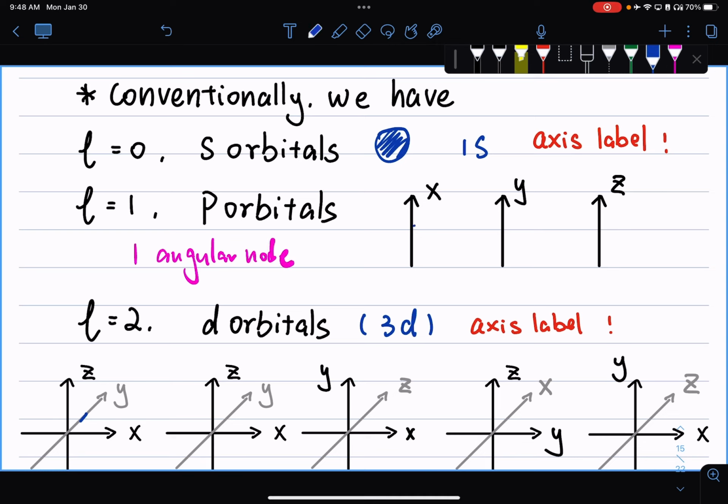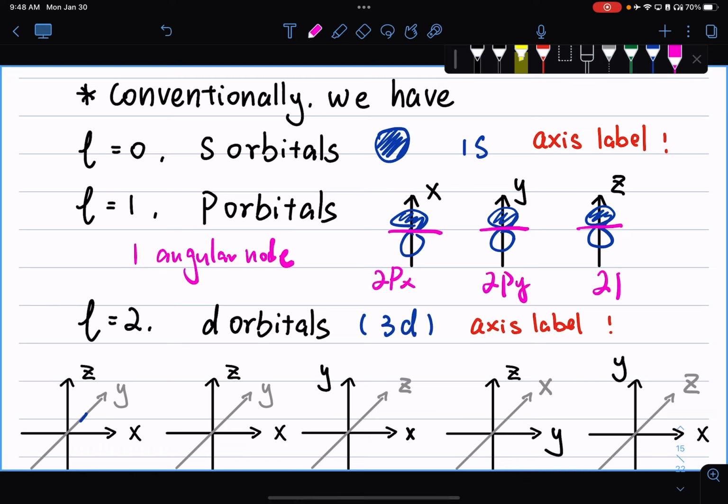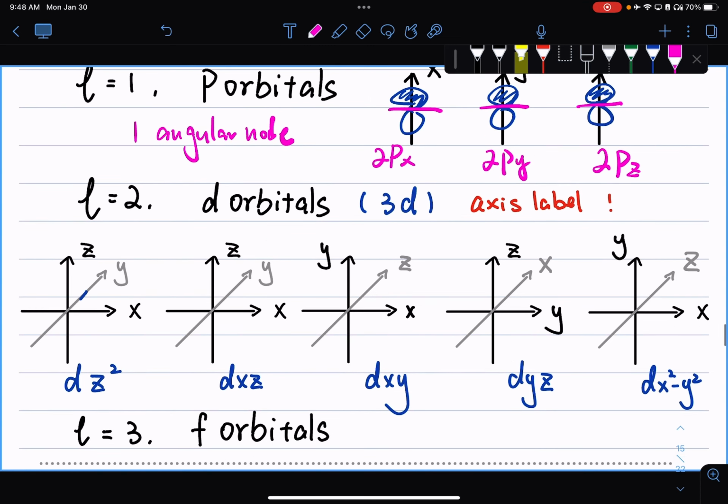We have this dumbbell shape along the x, y, and z axes. And for l equals 2, we have d atomic orbitals with 2 angular nodes.